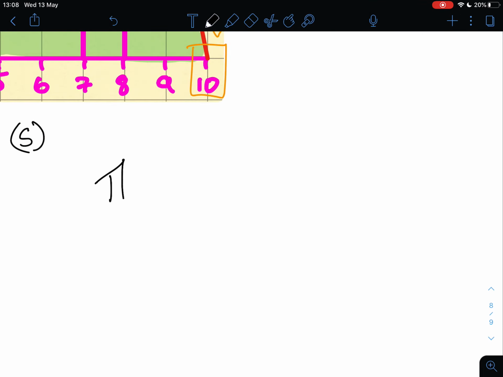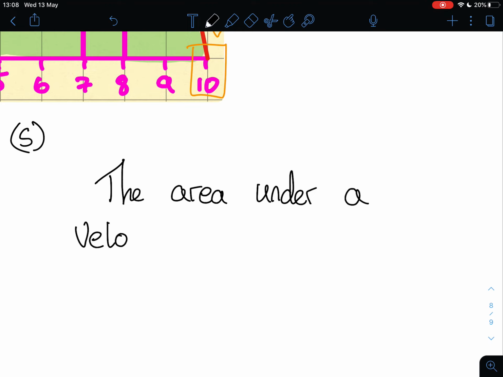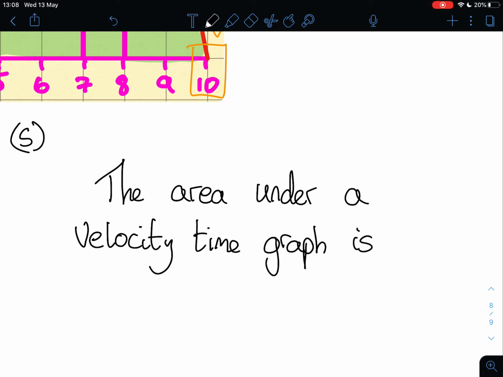The area under a velocity time graph is the distance travelled.